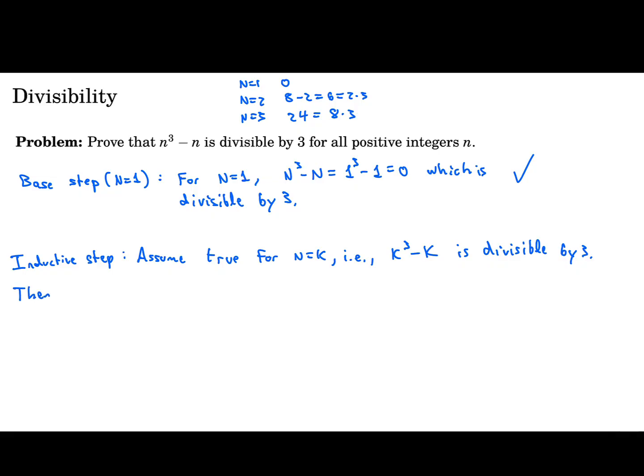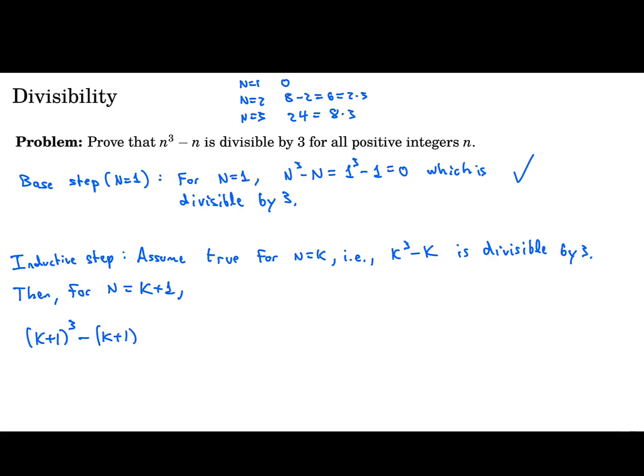So let's look at our statement, n cubed minus n. For n equal to k plus 1, we're looking at k plus 1 to the power of 3 minus k plus 1. We need to show that this is divisible by 3.